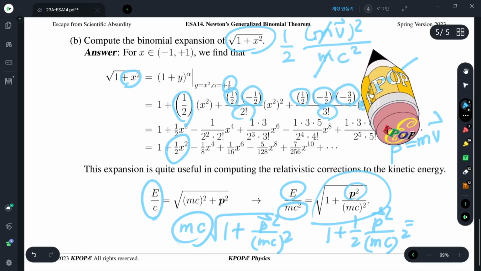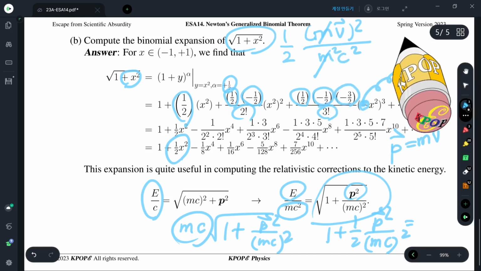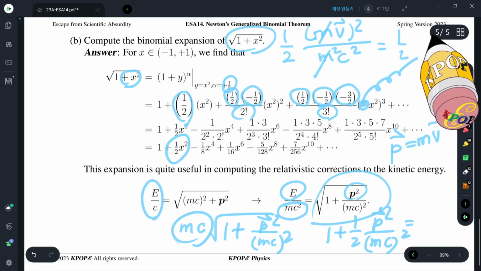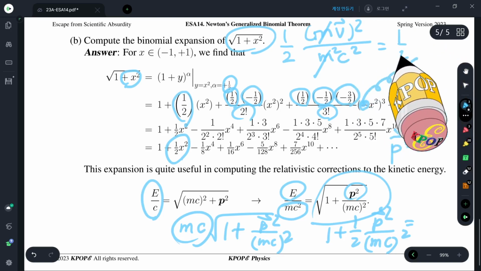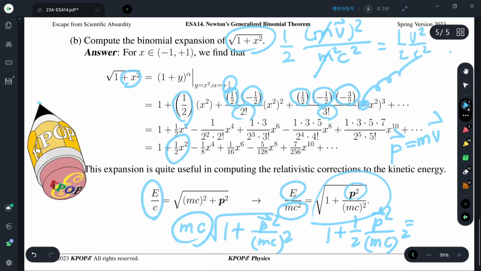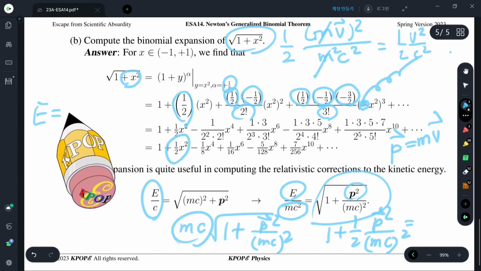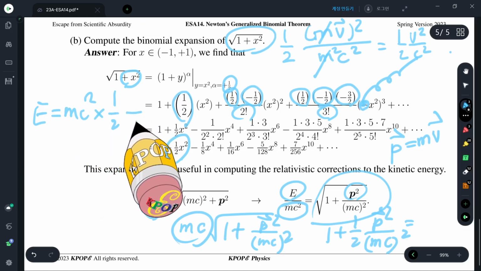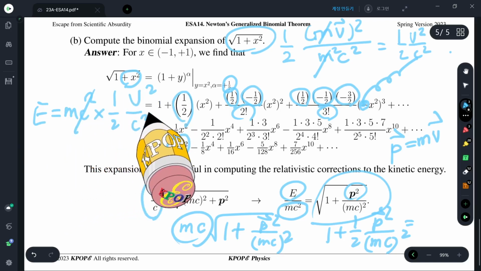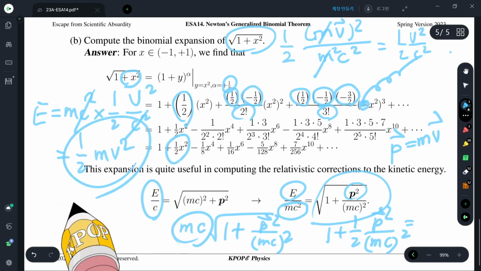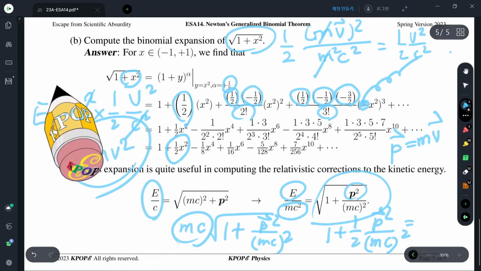What's that? It cancels, and we have 1/2 v squared over c squared. So energy equals mc squared multiplied by 1/2 v squared over c squared. The c squared cancels. This is 1/2 mv squared.